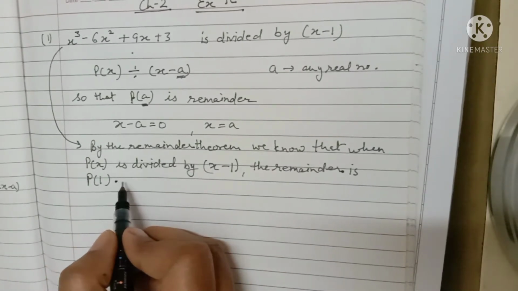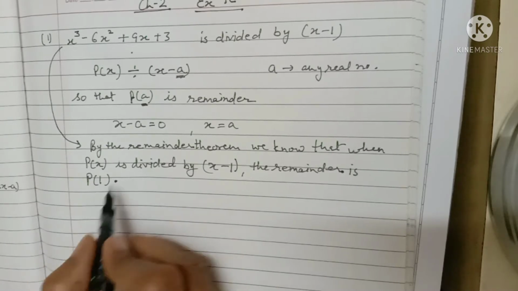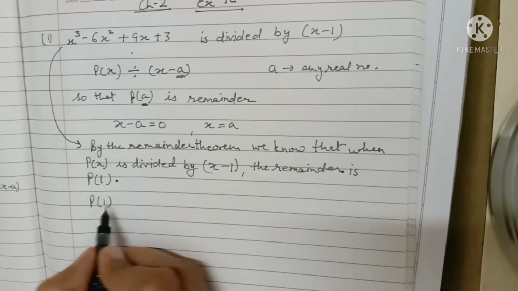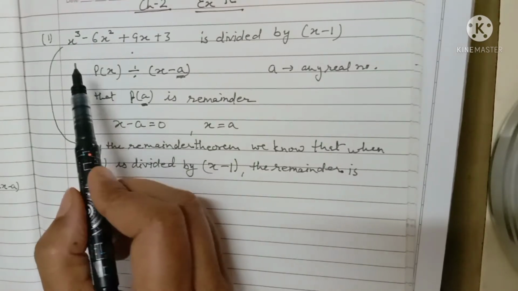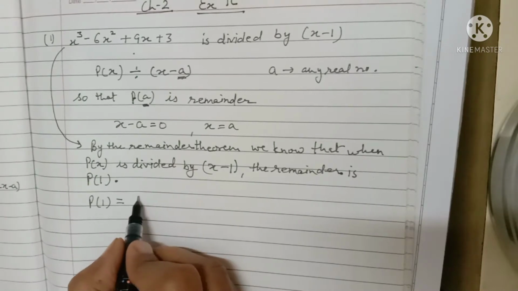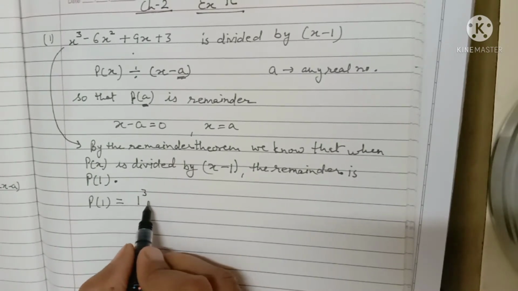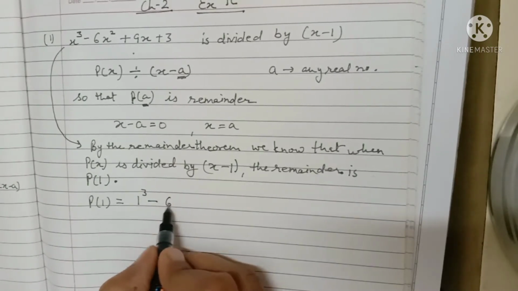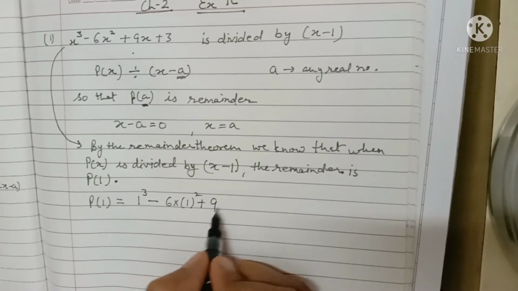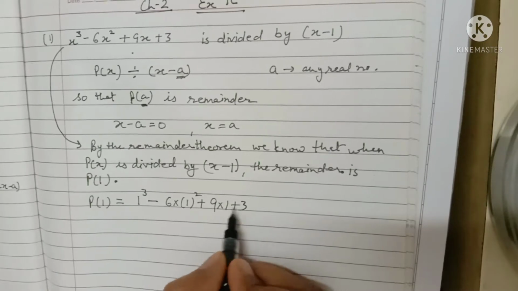Now put the value in the expression. So p(1) is equal to 1 cube minus 6 into 1 square plus 9 into 1 plus 3.